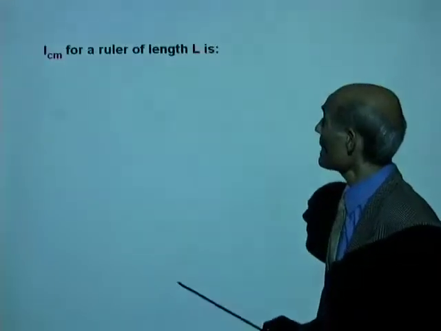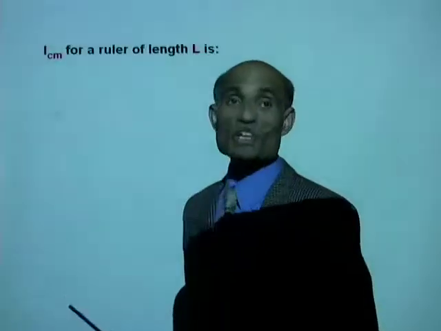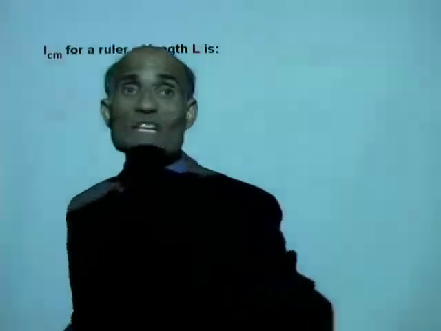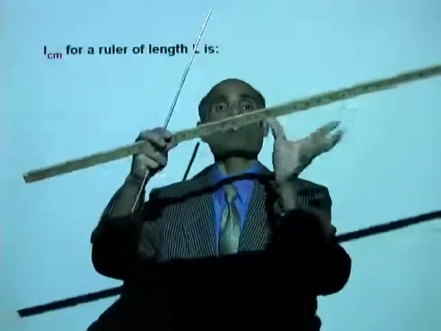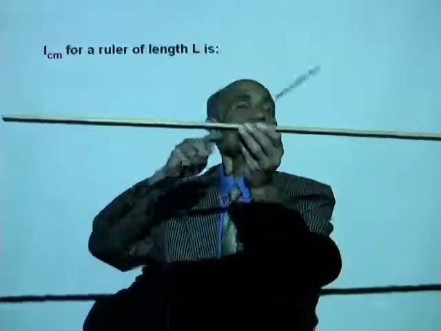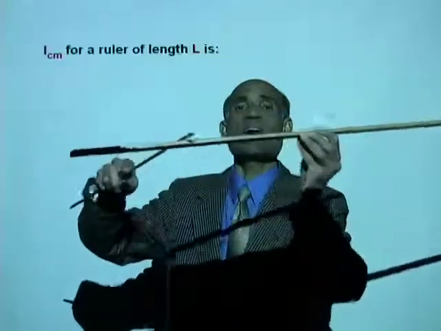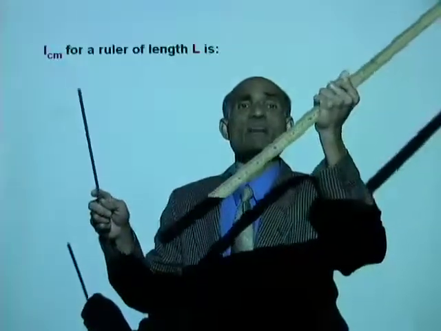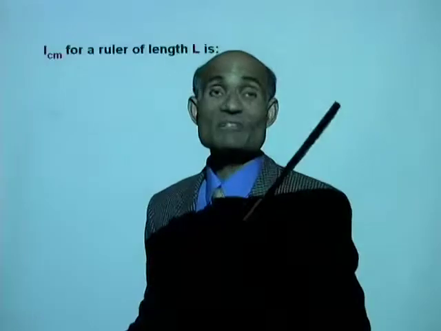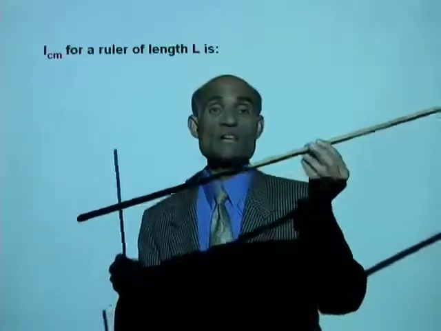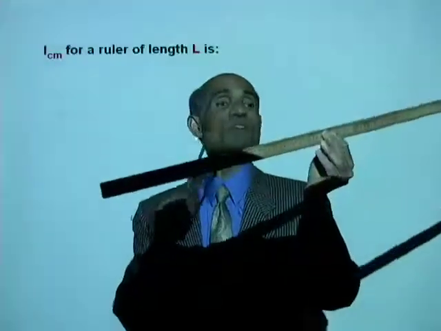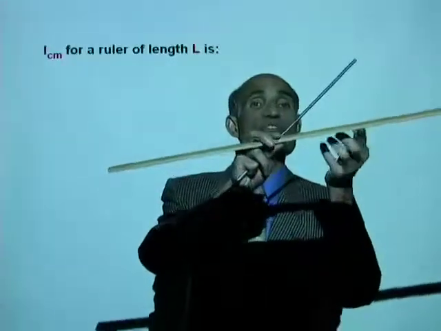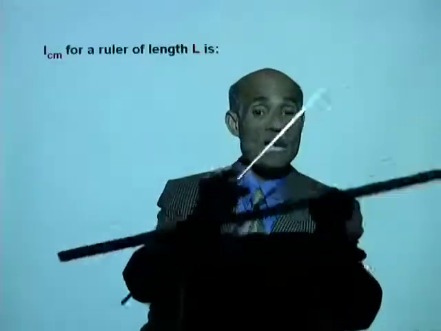Okay. Another one. What is the equation for the moment of inertia of a ruler like this, which has a length L and a mass m? What does I center of mass stand for? The moment of inertia about an axis through its center of mass.